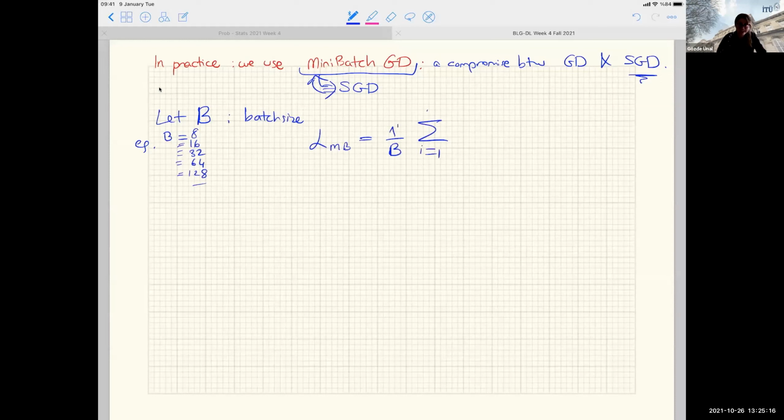I want it to be L(h_theta(x_i), y_i), and vanilla SGD uses batch size 1 actually, but that's not used in practice.